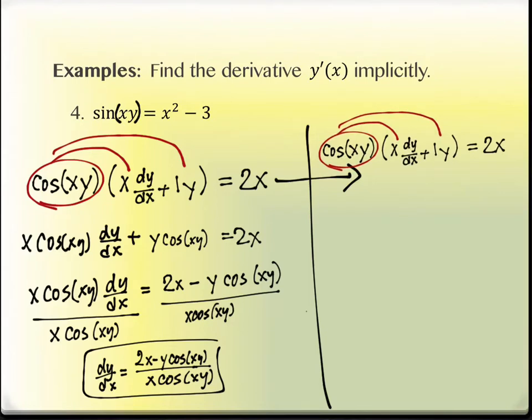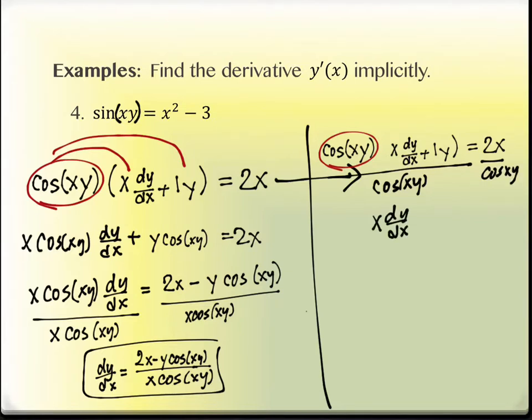And we're not going to use these. So instead of distributing, we're going to divide by cosine xy. So now I have x dy/dx plus y equals 2x over cosine xy.